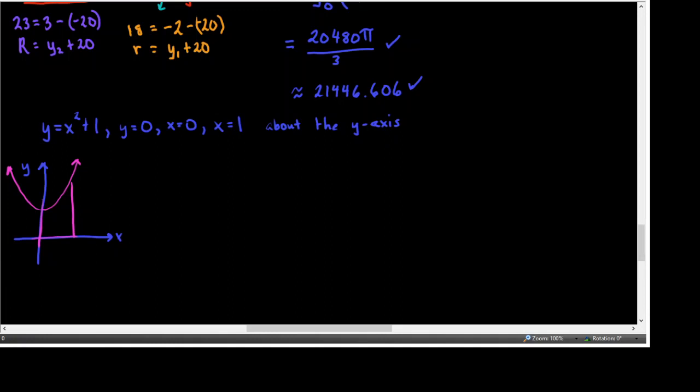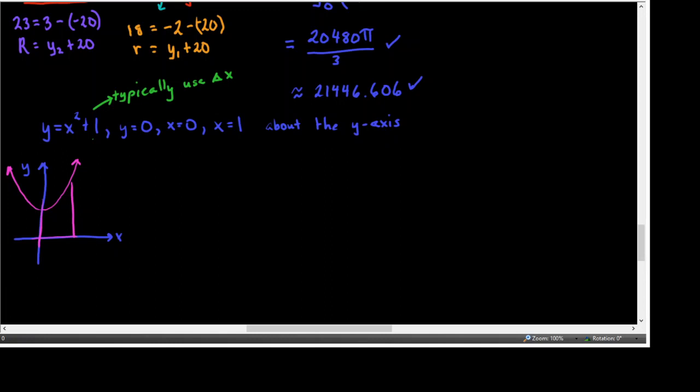Now, one thing I haven't mentioned yet, which is really important, is even though this is written y equals x squared plus 1, and I told you earlier that typically we'd want to use delta x in that situation, we don't know the technique yet that you could do delta x with.